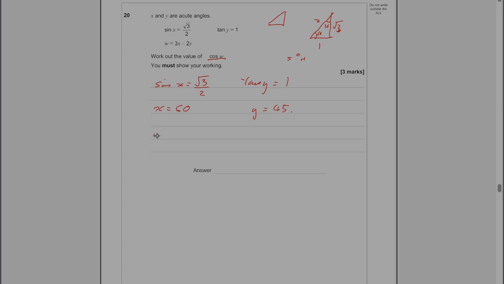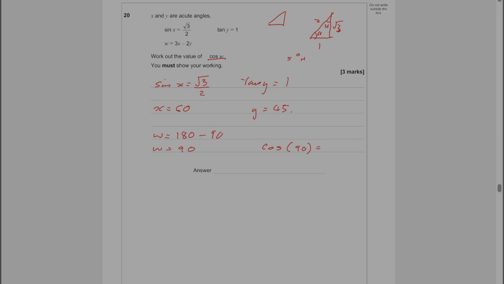So w is going to be equal to 3 lots of x, which would be 180, minus 2 lots of y, so minus 90. So w would be equal to 90. So cos w would be equal to the cos of 90, and the cos of 90 is going to be equal to 0. So 0.